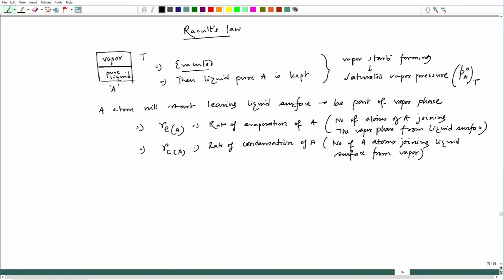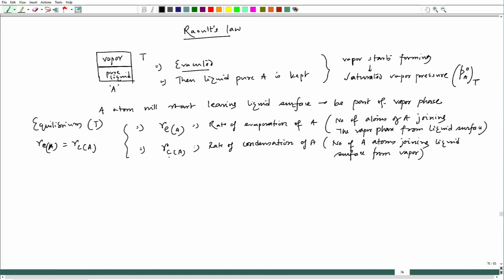Fine. At equilibrium, which is specific to that temperature, R E A should be equal to R C A. Okay. And this C is condensation, E is evaporation, and we have only one component, which is A.